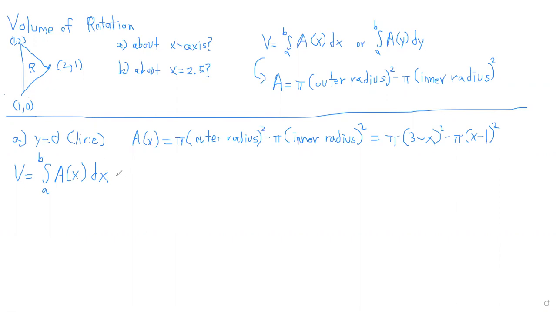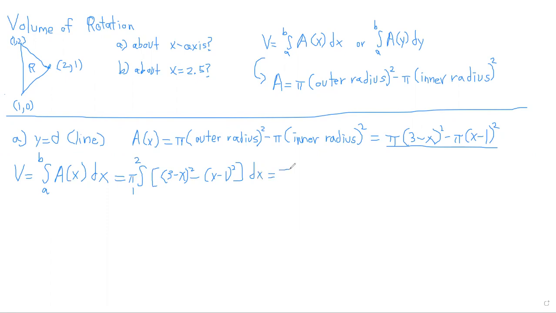So b is 2 and a is 1. And I'm going to put the pi outside here. We're going to be using this as our A of x: (3 minus x) squared minus (x minus 1) squared dx.